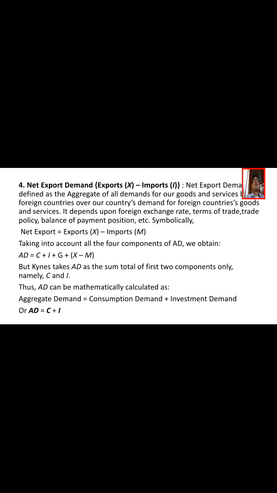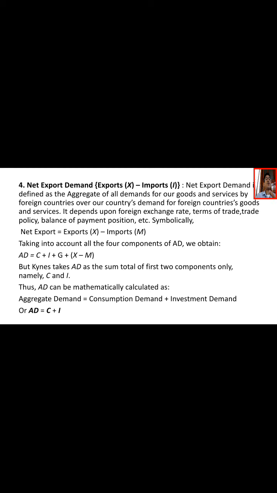So what is the number 4 component? Net export demand. Net export is export minus import, which we have already known. Net export demand is defined as the aggregate of all the demands for our goods and services by the foreign countries, less our country's demand for foreign countries' goods and services.